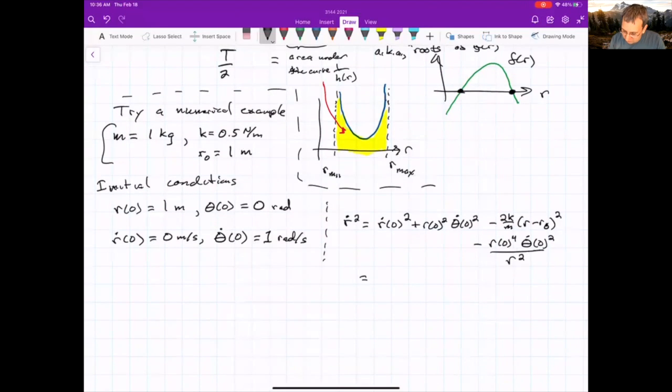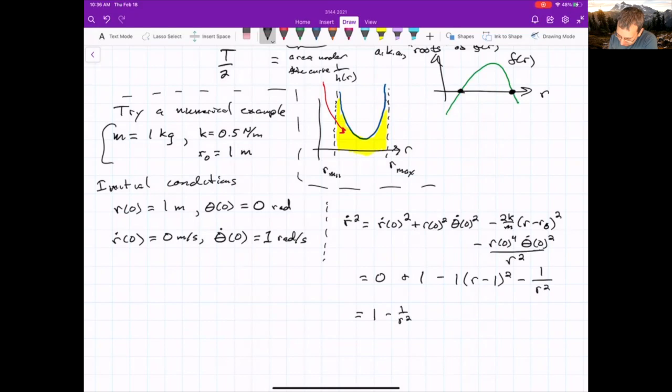You plug in these initial conditions over here, and this is 0, this is 1. I'm going to suppress the units. Minus, what's 2k over m? I've conveniently chosen it so it becomes 1 times R minus 1 squared minus 1 over R squared.